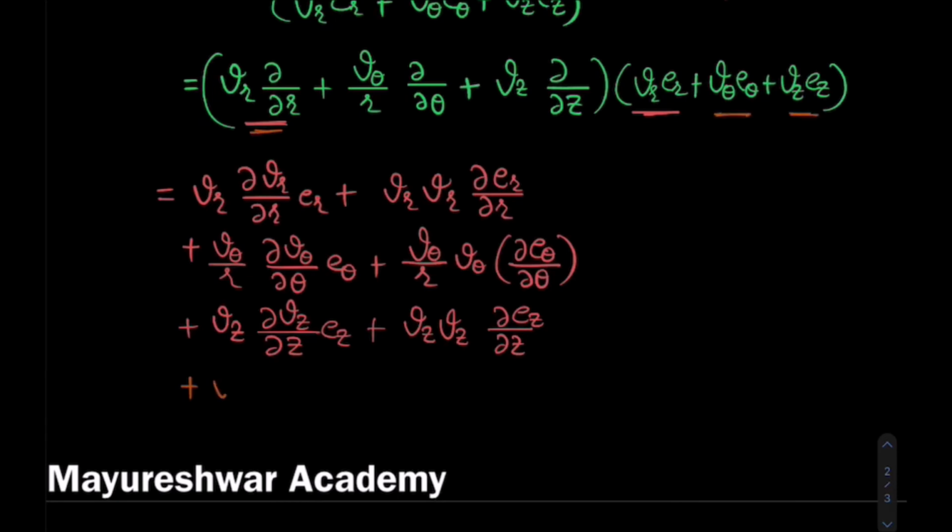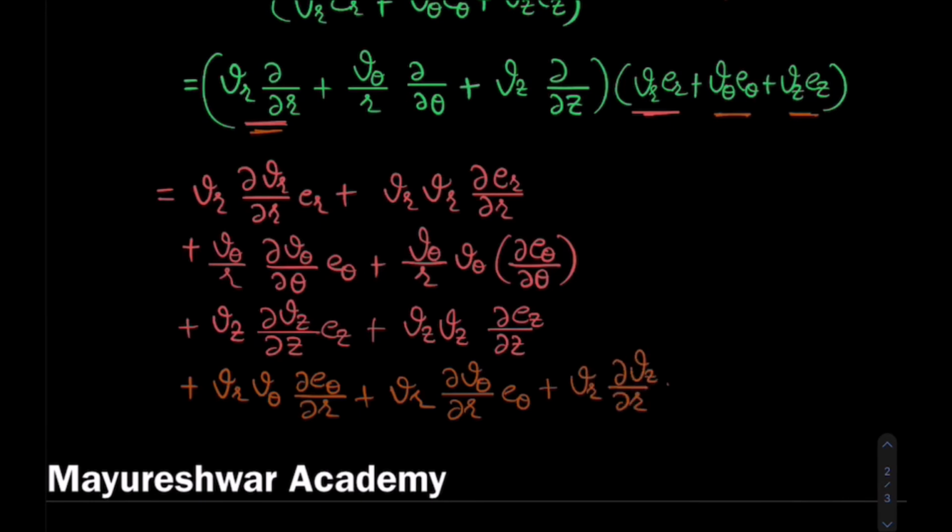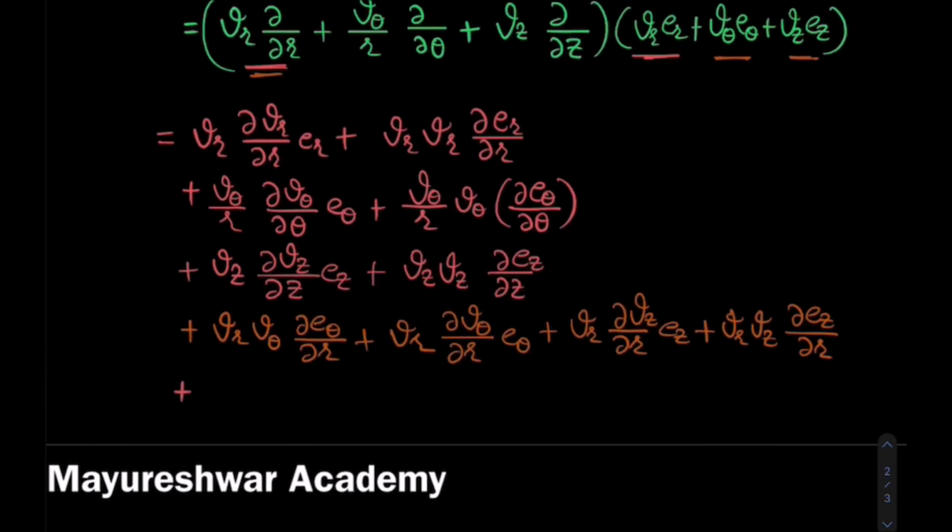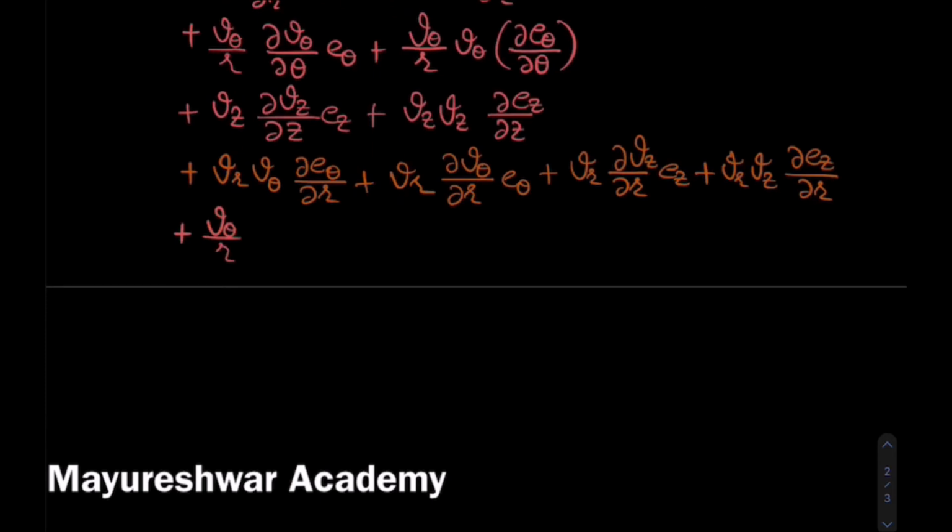Now let us do the cross differentials, which are v_r ∂/∂r operating on v_θ. So taking v_θ constant and differentiating with respect to e_θ. Similarly now differentiate v_θ and keep e_θ constant. Similarly v_r ∂/∂r operating on v_z, keeping e_z constant, and then differentiate the e_z component with respect to the r direction. Then the last term, the second term, which is v_θ over r, now operating on the other two components which remained.